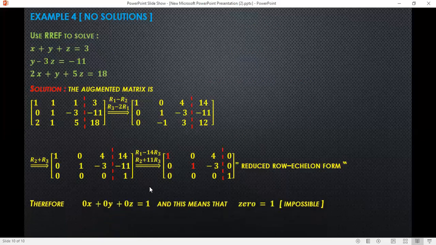Then here you have 0x plus 0y plus 0z equals 1. And this means that 0 equals 1, and it is impossible. So then there is no solution.